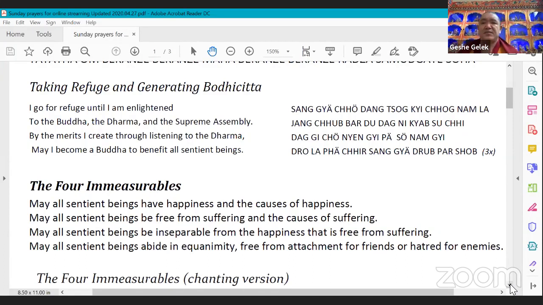Okay, that's the idea behind saying refuge and Bodhicitta prayers. Then of course, if you consider yourself a Buddhist, you take refuge in Buddha, Dharma, Sangha.